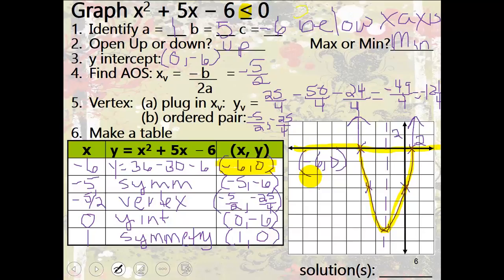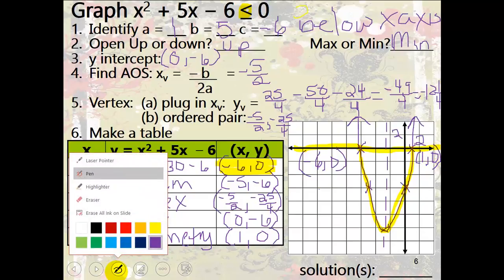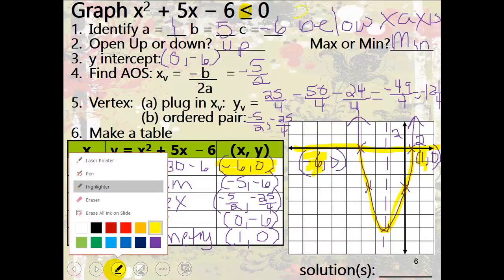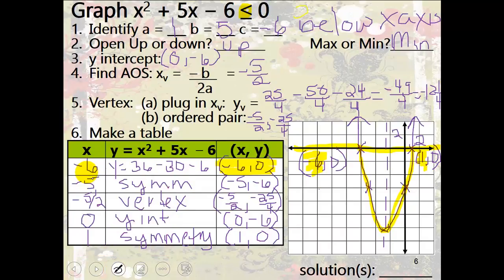This is the point 1, 0. So my x values are going to be between -6 and 1. So we write it in interval notation. Bracket, -6, it's a bracket because this is inclusive, and then 1 bracket, just like that.